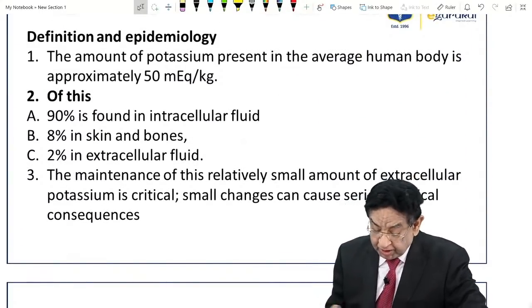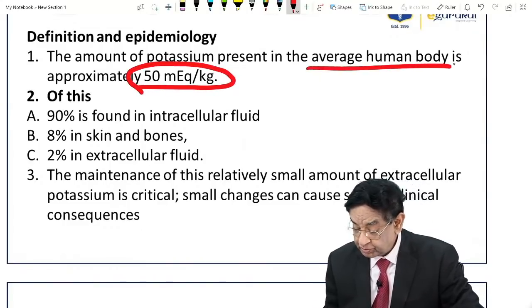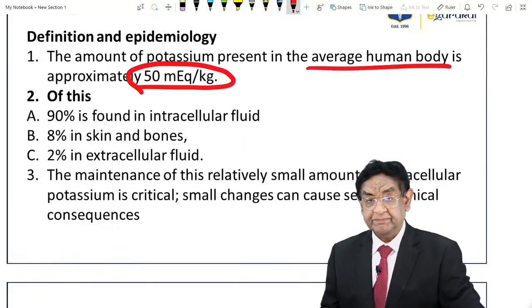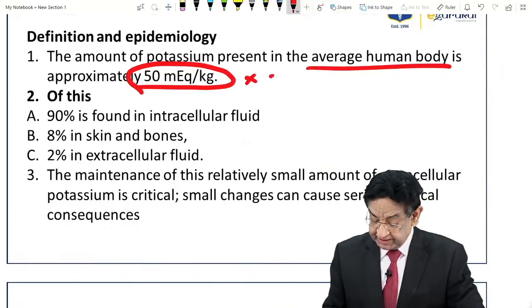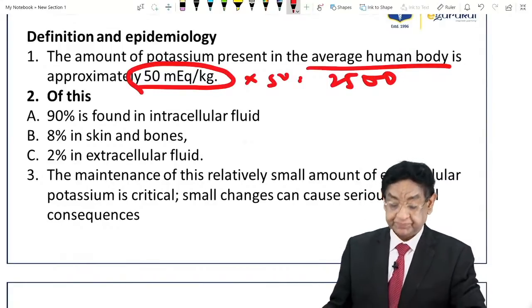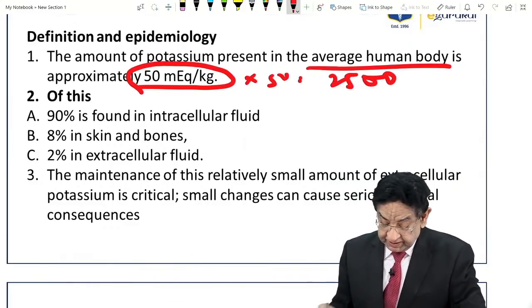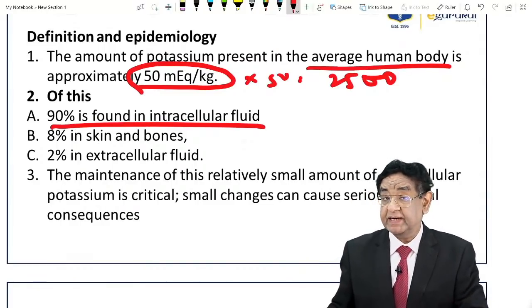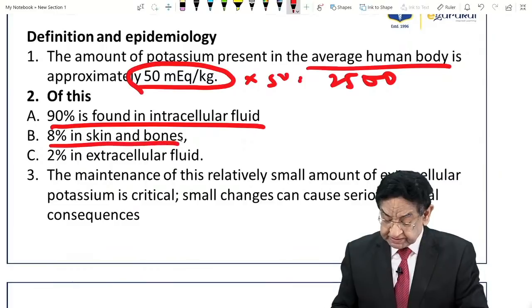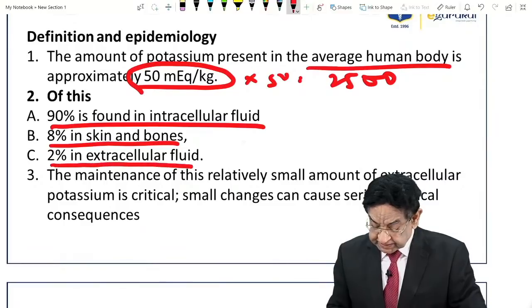Friends, the total amount of potassium in the body is about 50 milliequivalent per kg. That means if the person weighs 50 kg, the potassium will be somewhere around 2,500 milliequivalent. Out of this, 90% is intracellular. I mentioned potassium is mainly intracellular. 8% is in the skin and the bones, and only 2% is extracellular.